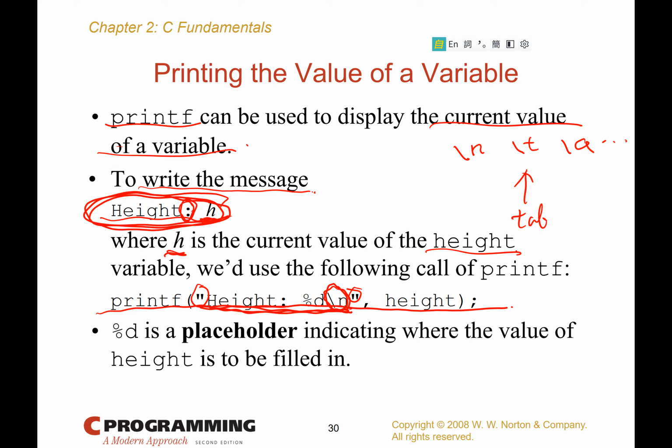When you type a tab, the cursor will jump several spaces to a new location on the same line. And backslash a means alarm.